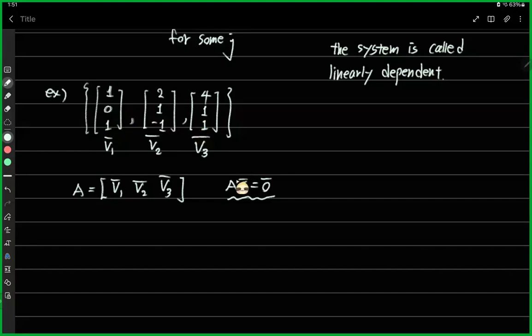Now, the homogeneous system has only the trivial solution, which means x bar must be zero. No nonzero value can be a solution. So there is no non-trivial solution. So x bar must be zero to get zero by multiplying A, which means A x bar equals the zero vector if and only if x1 v1 plus x2 v2 plus x3 v3 equals zero.